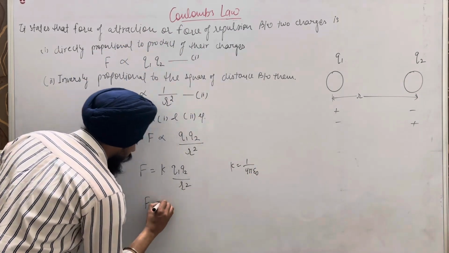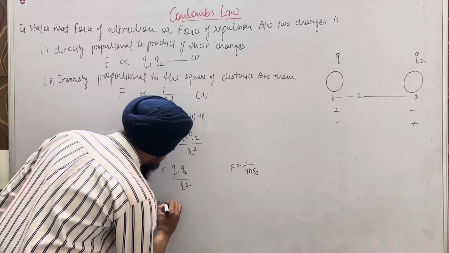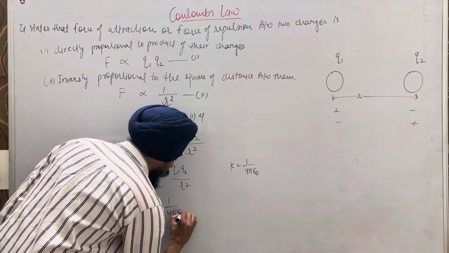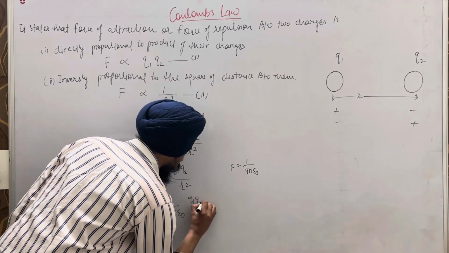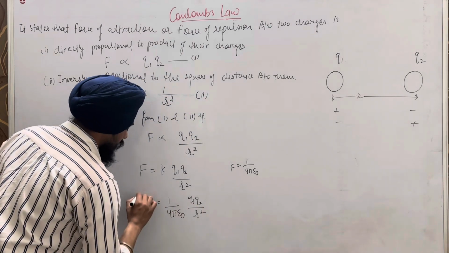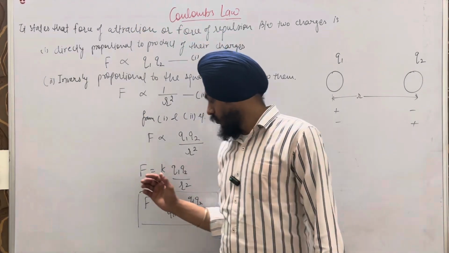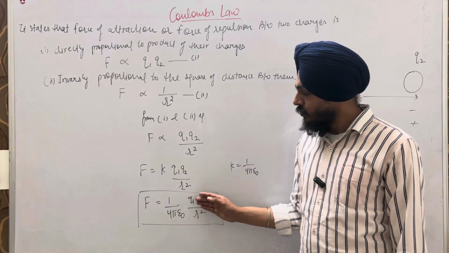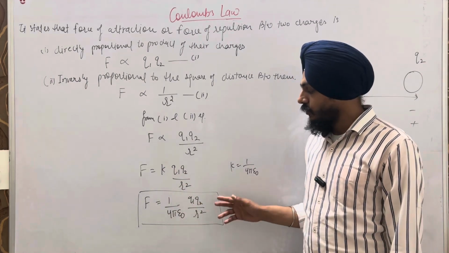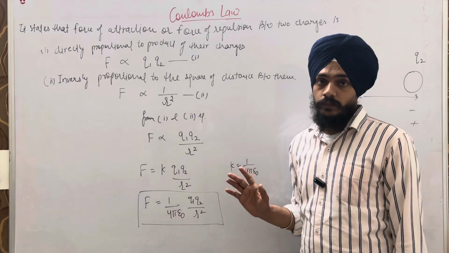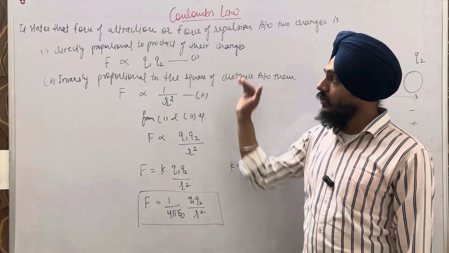So the force of attraction or repulsion is 1 upon 4 pi epsilon naught Q1 Q2 by R square. This is the magnitude of force present between two charges Q1 and Q2. Clear? This is Coulomb's law.